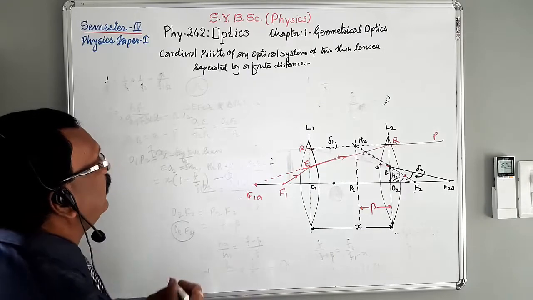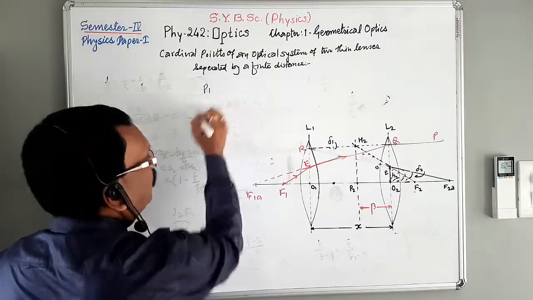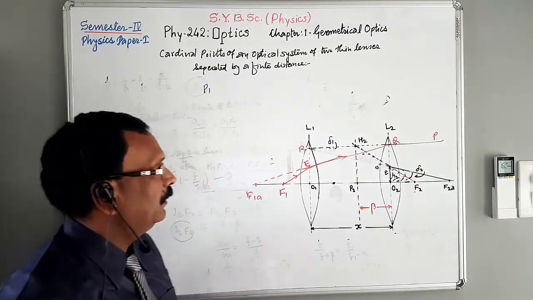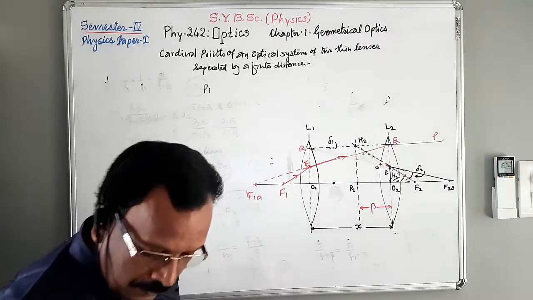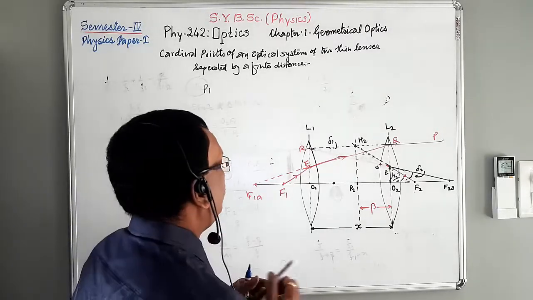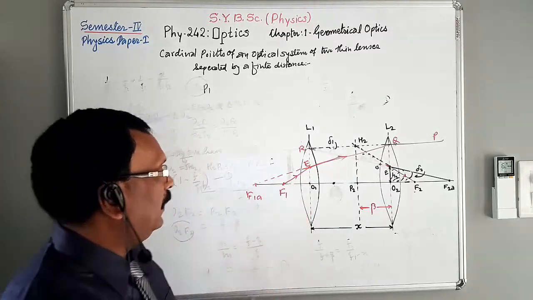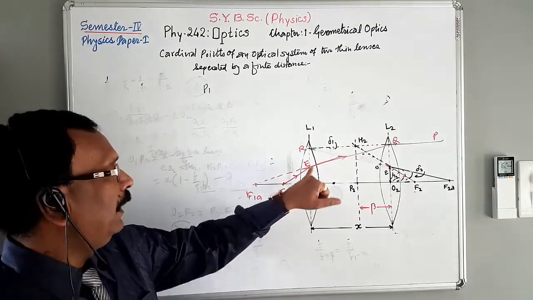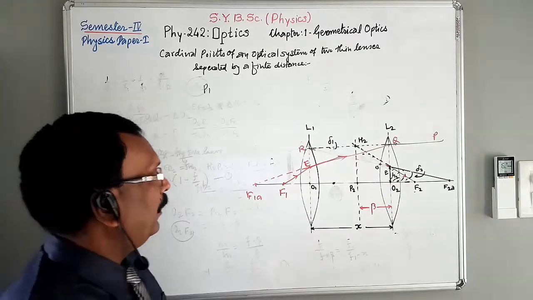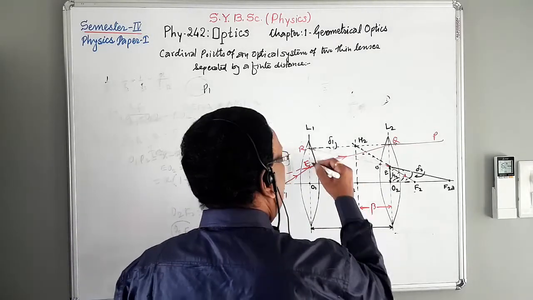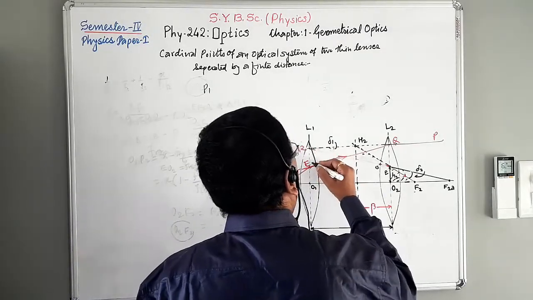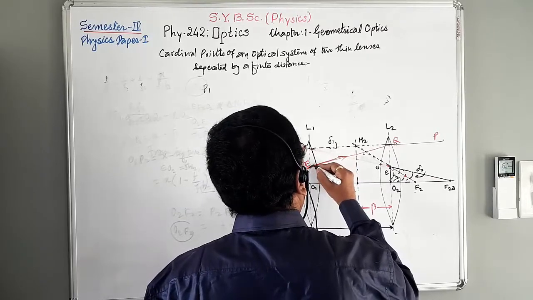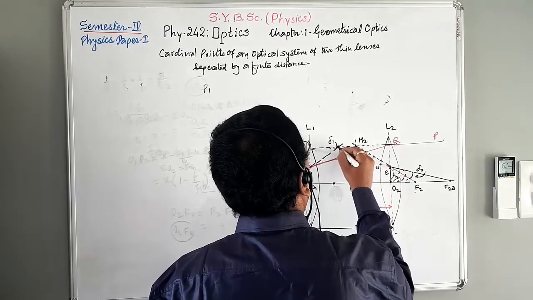In order to obtain the position of principal point P1, what we have to do? We have to consider the incident ray F1E. If lens L1 is absent, then this ray directly comes to this point.